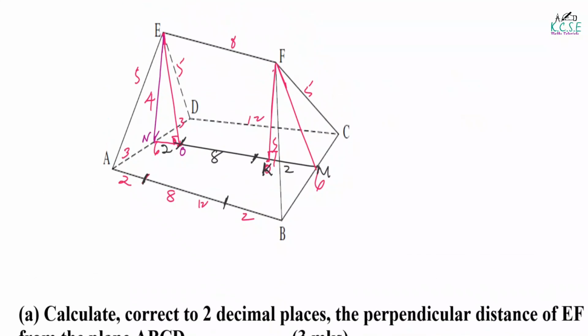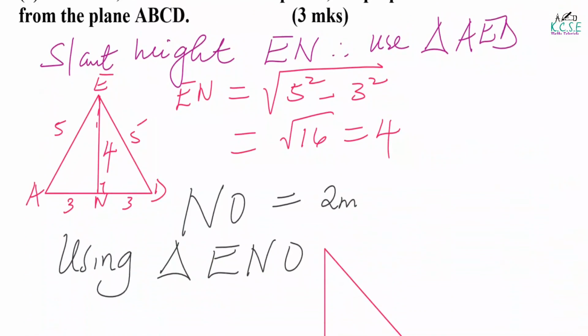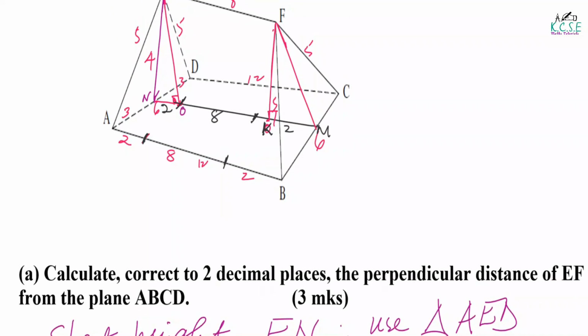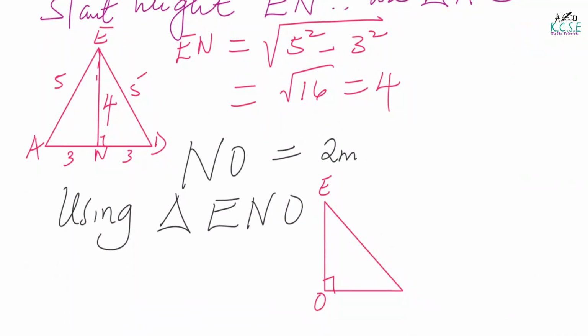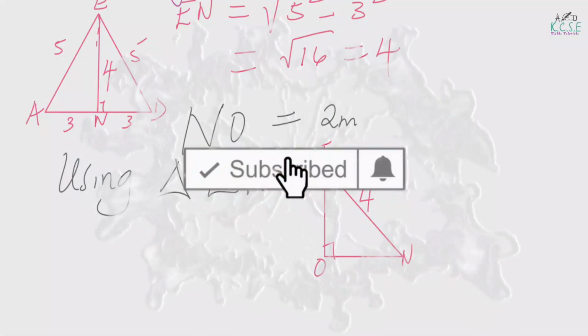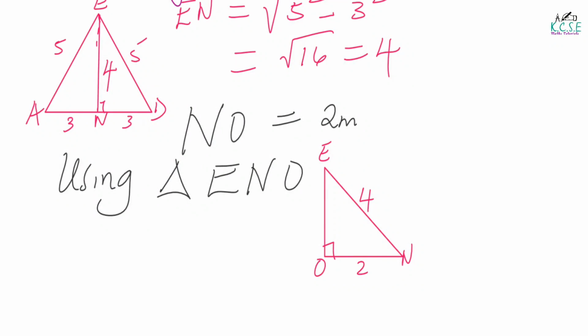So the perpendicular distance is EO. And then this slant height is EN. So we've got the slant height to be 4. And then we have NO as 2.